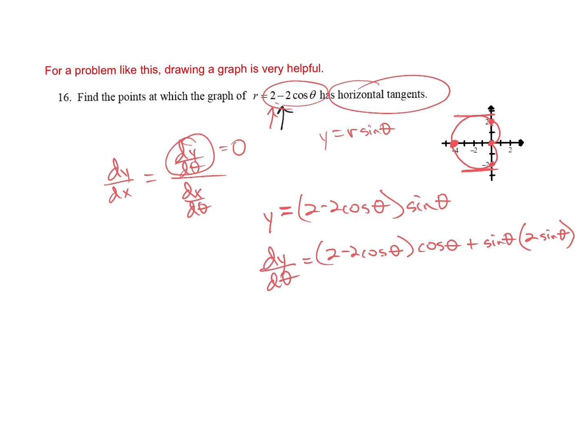Okay, so probably should multiply this out because we actually have to set this equal to 0 now. We want to know when does this equal 0. So we'll have to do some actual multiplying. So distribute the cosine in there. We get 2 cosine of theta minus 2 cosine squared of theta. And over here I have plus 2 sine squared of theta.